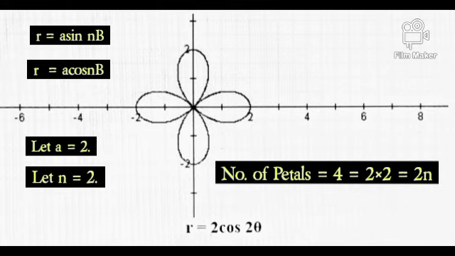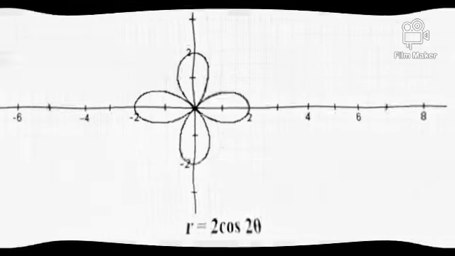With a fixed at 2, we now change the value of n to 3, and we investigate the number of petals in the graph of the polar equation with n equals 3.